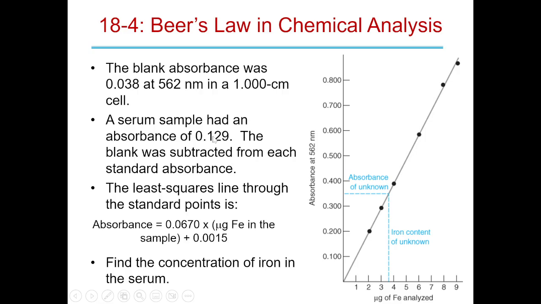0.129. Notice that ideal and actual data are never quite the same, right? Remember, ideal range is like 0.4 to 0.9. It's never going to happen. It's a miracle if it ever happens, okay? However, you want to get at least 0.1s for your sample. That would be reasonable.